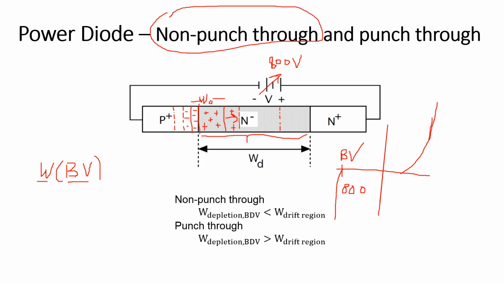So if we apply breakdown voltage in the reverse and the width of this depletion region remains inside this n minus region, like in this example, then this diode is non-punch through diode.